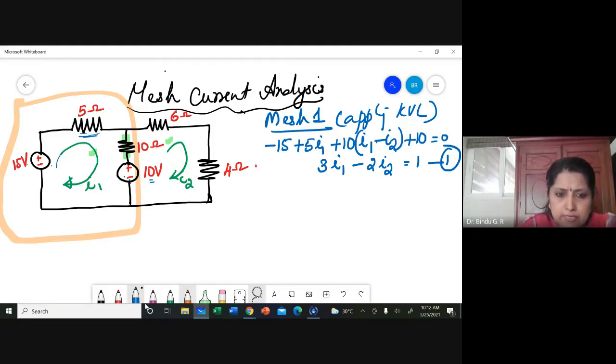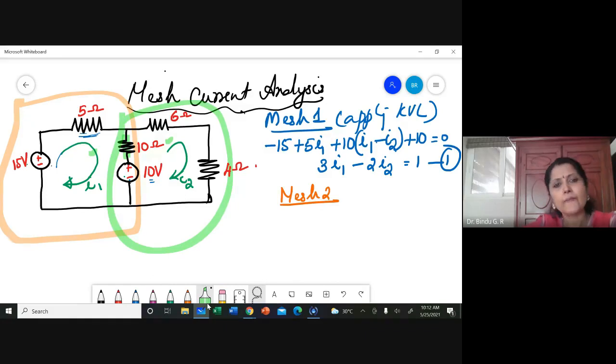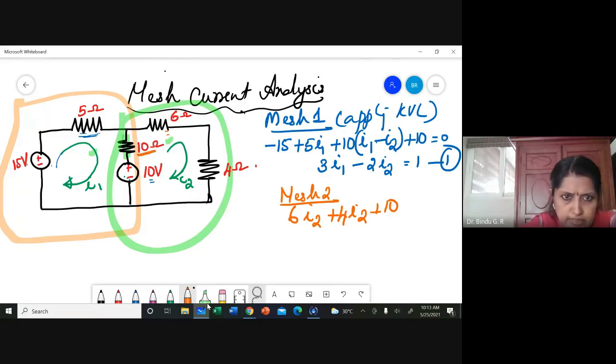Now I am considering mesh 2 and applying KVL in the same manner. Mesh 2 is this. So in mesh 2, I consider 6I2 plus 4I2 plus 10 into the current through the 10 ohm resistor, which is I2 minus I1, plus again a 10 volt source.